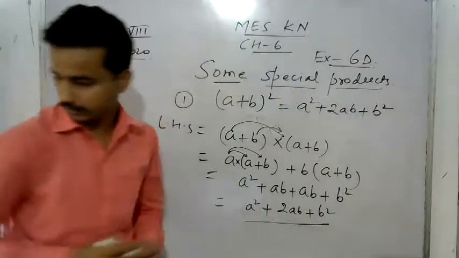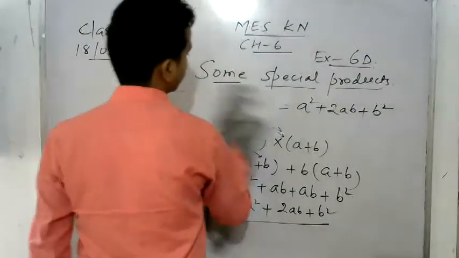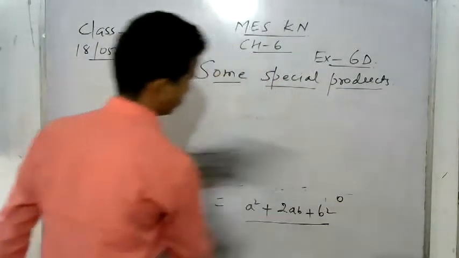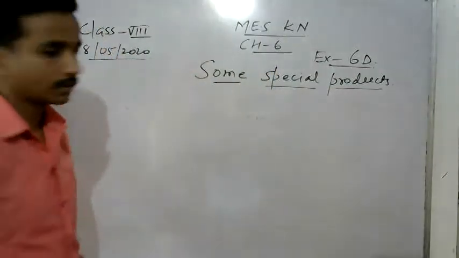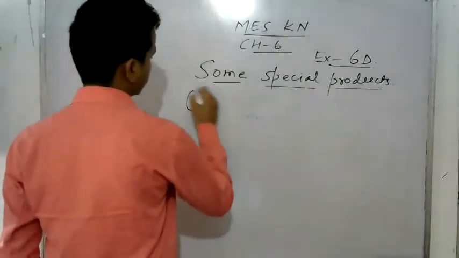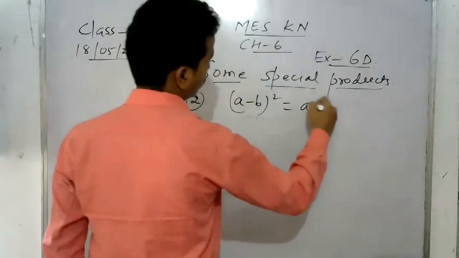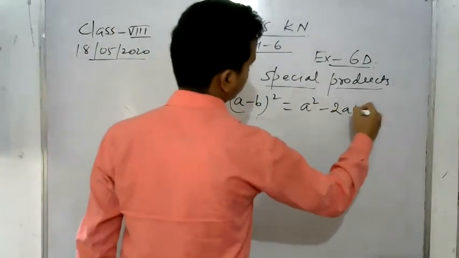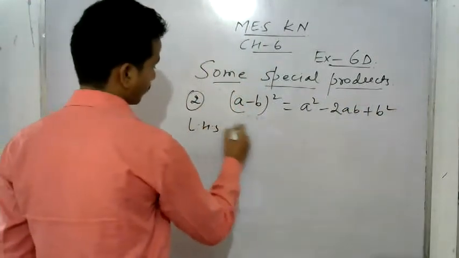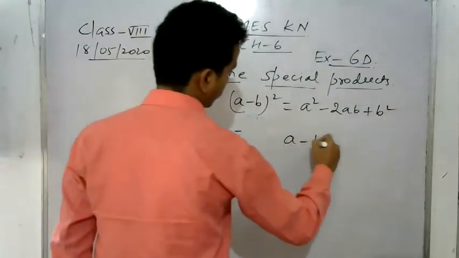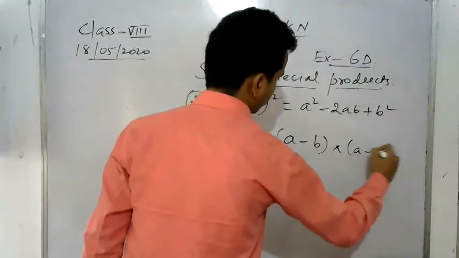Now the next product, number two, is (a minus b) whole square, which is equal to a square minus 2ab plus b square. You can also derive it in the same way. LHS equals (a minus b) whole square, which means (a minus b) into (a minus b).